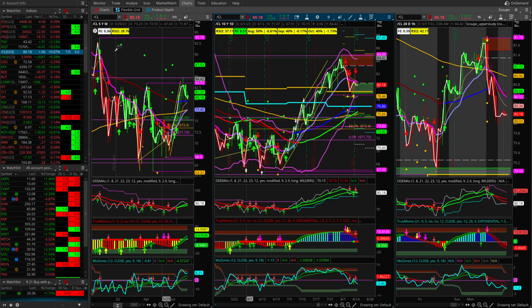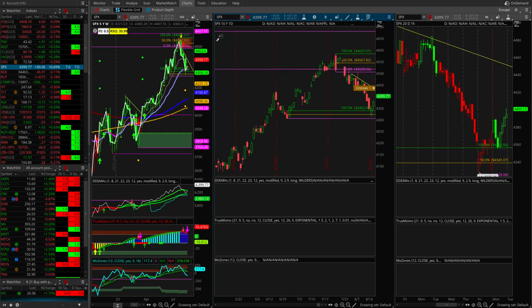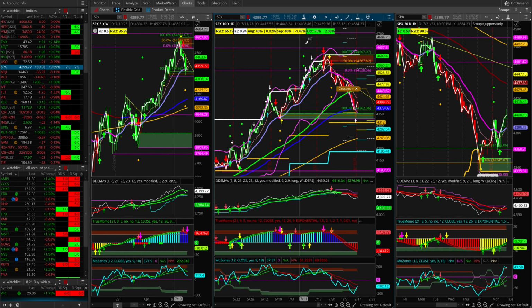All right, let's flip over to SPX, the S&P 500, where we got a little bit of a bounce today. It's a Bollinger Band bounce, because it came outside the Bollinger Bands and then came back up into it. We have a VIX bounce that happened today.